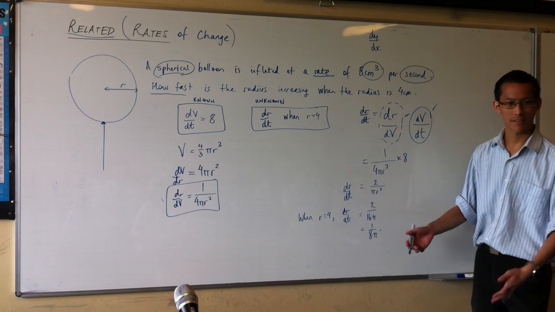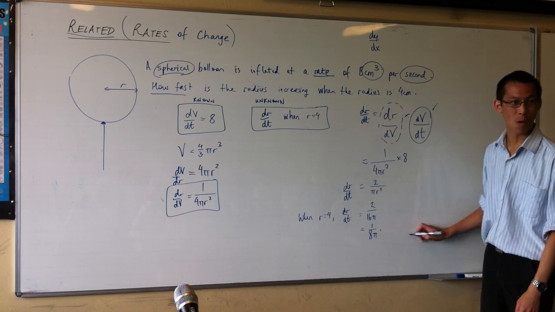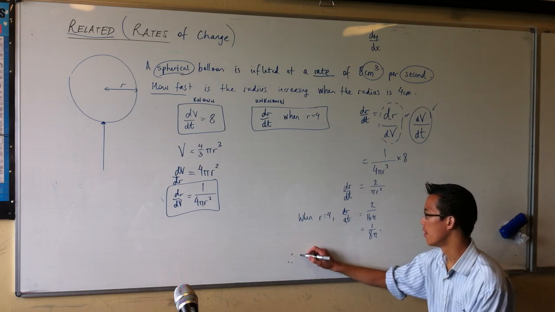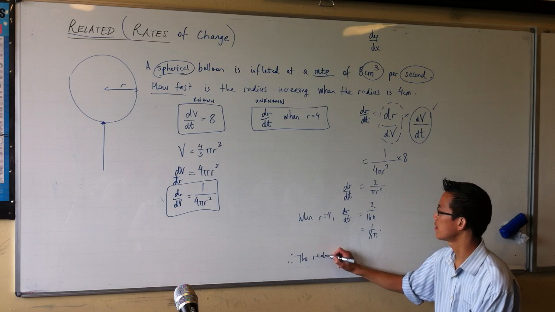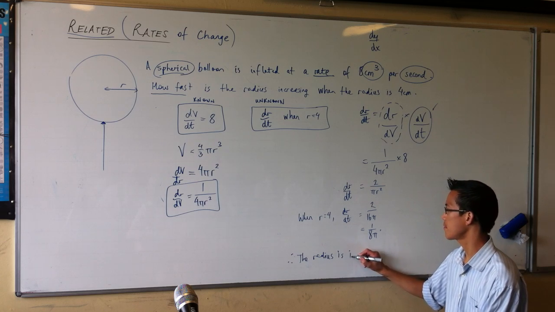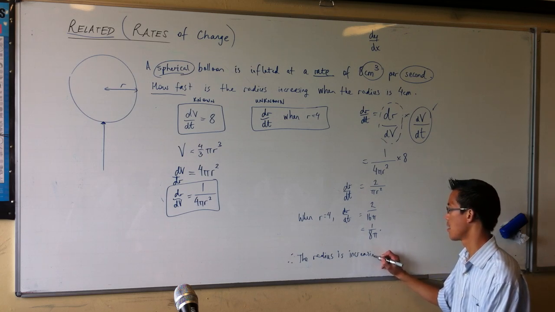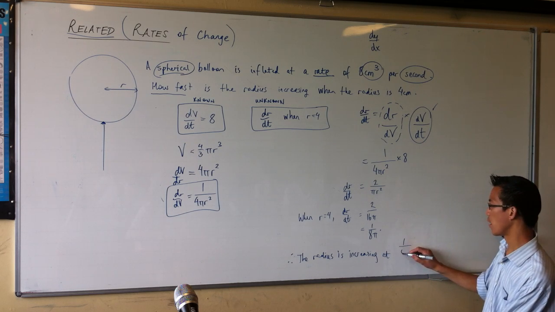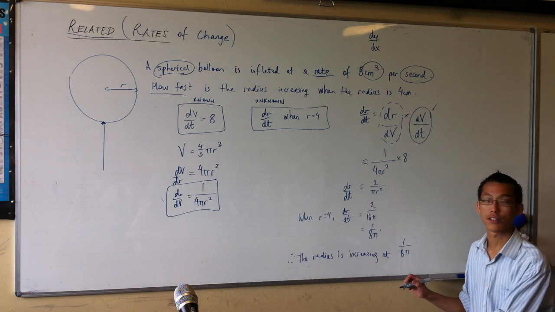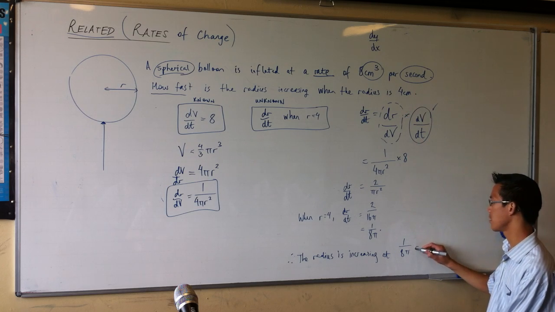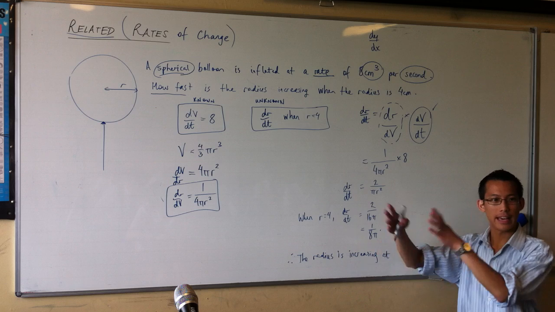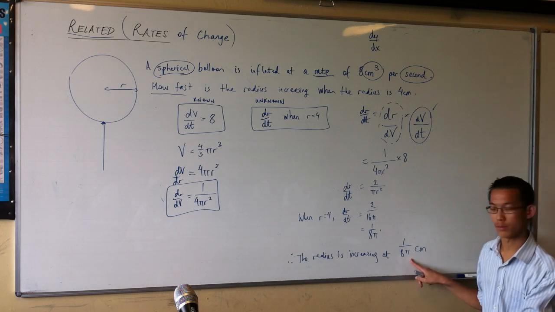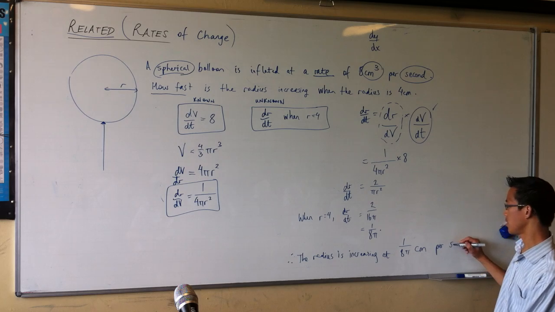So to be nice and neat, you could probably get away with just whacking the units on there, but a better way to say it is, the radius is increasing at, and you bring your rate in, and you look at whatever units were supplied to you. So we were talking in terms of centimeters. A radius is just a length, so it's not centimeters squared, which would be area, or centimeters cubed, which would be volume. And the time unit was seconds.